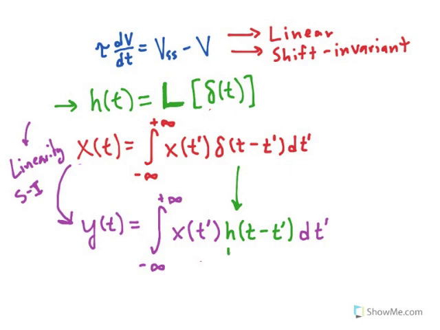Once we know the response of the system to an impulse, all we have to do is add together the responses to this infinite number of impulses that we've postulated in this equation, and then we have our output y of t.